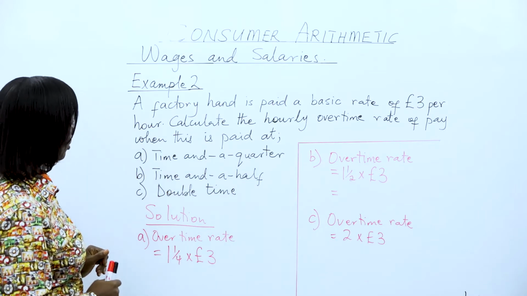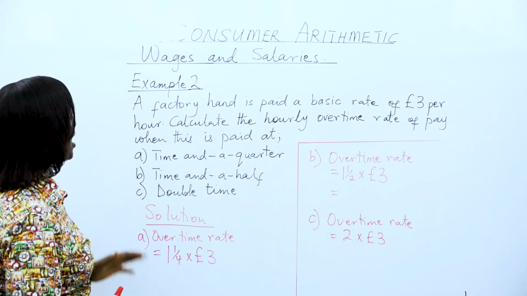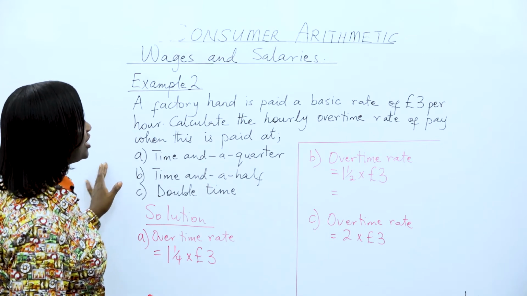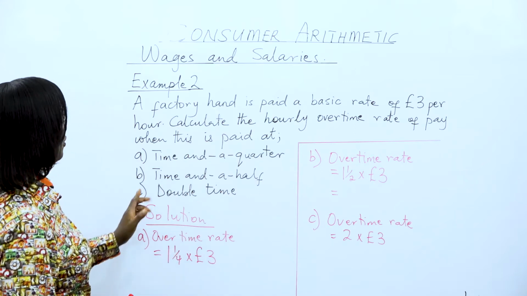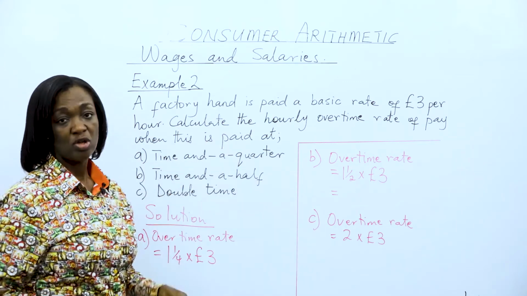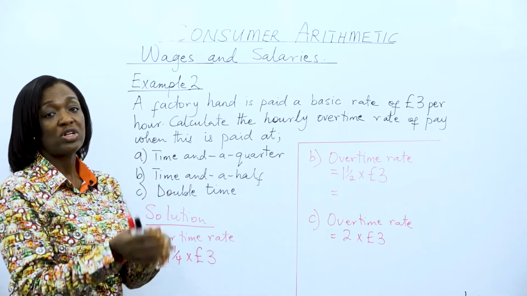So in this example, we're going to calculate hourly overtime pay rate if it is time and a quarter. So we have agreed that time and a quarter means the actual amount plus a quarter of the amount.